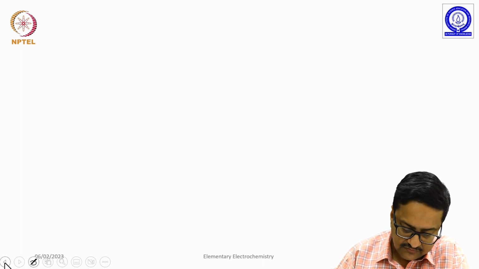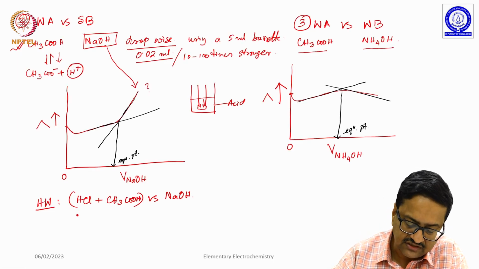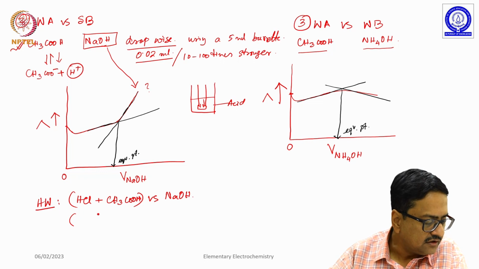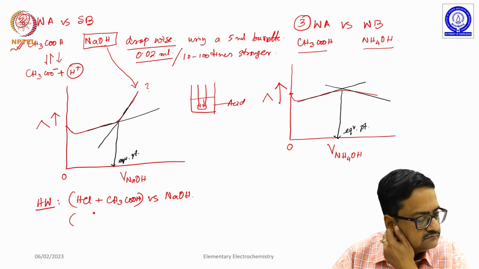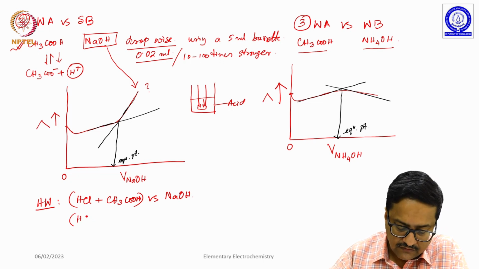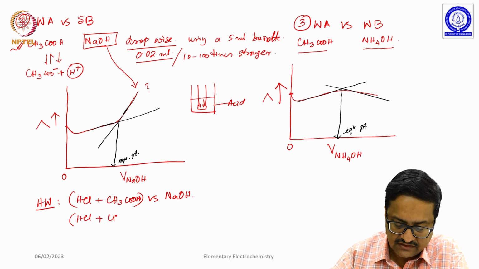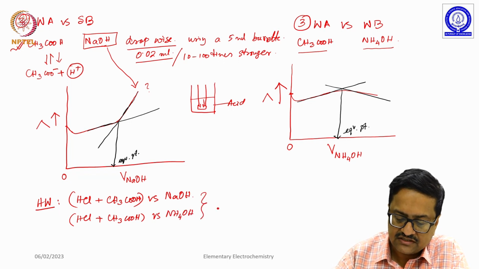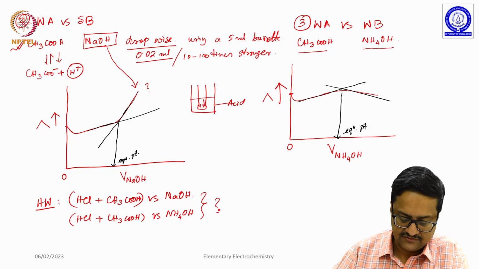Similarly, I think I should give you this example also, that if it is HCl plus acetic acid done with ammonium hydroxide, what will be the nature of these two titrations?